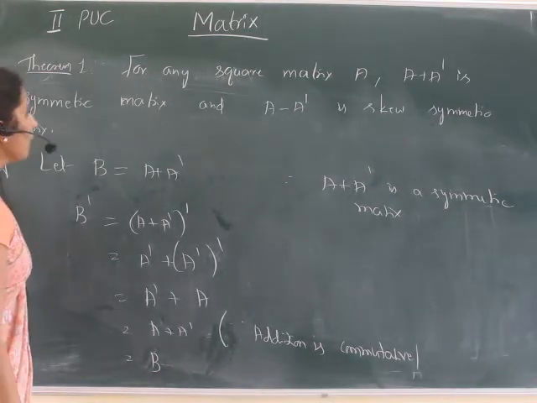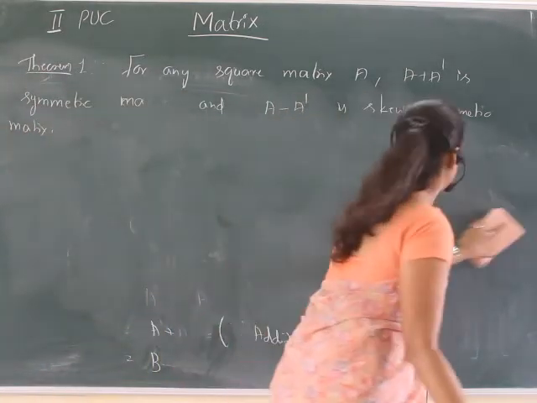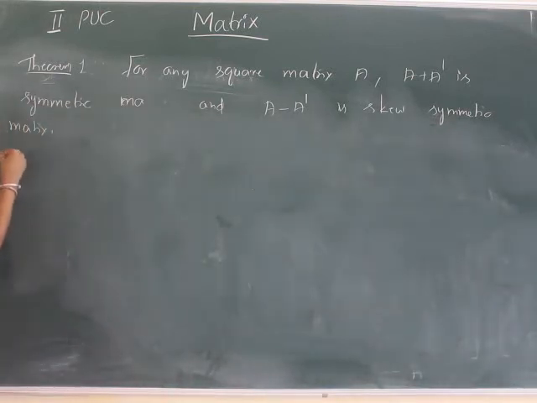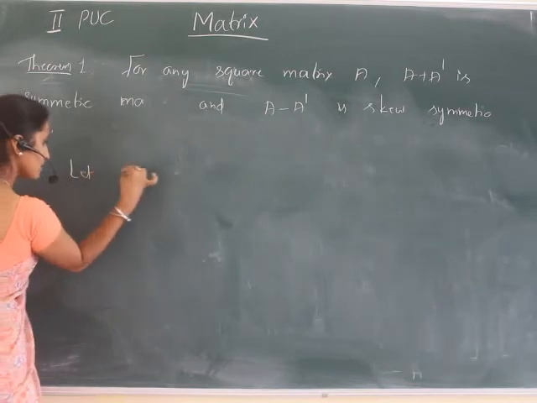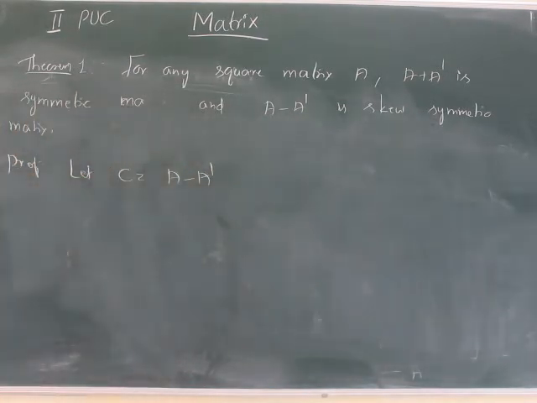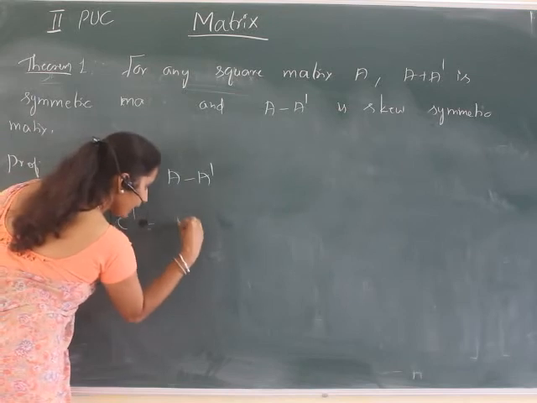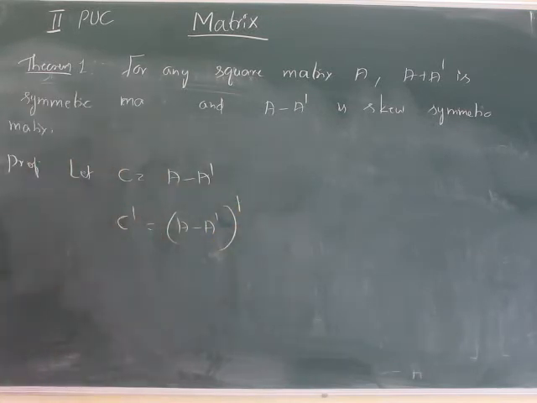Next I'll prove that A minus A transpose is a skew symmetric matrix. For that, I'll consider the matrix C. Let C is equal to A minus A transpose. I have to get C transpose is equal to minus C for it to be skew symmetric.